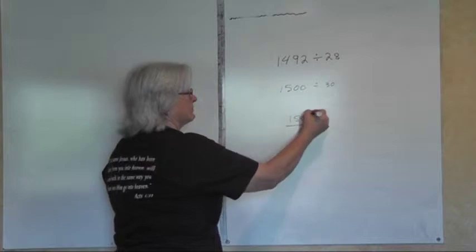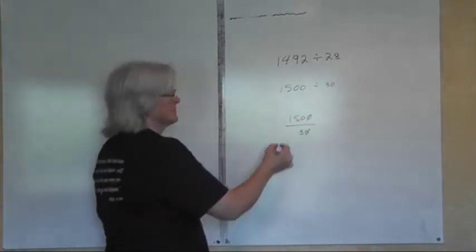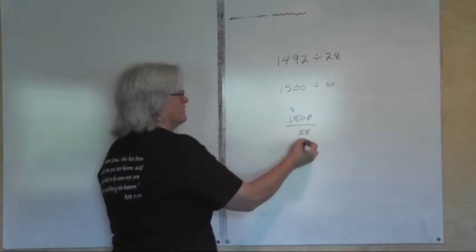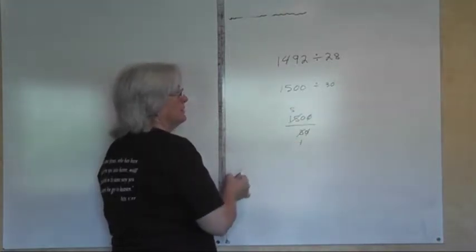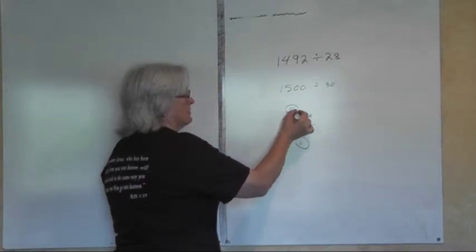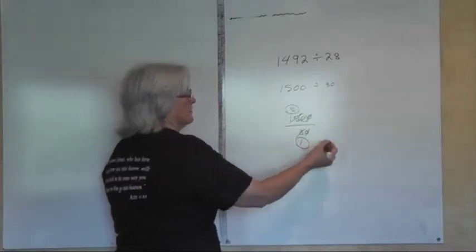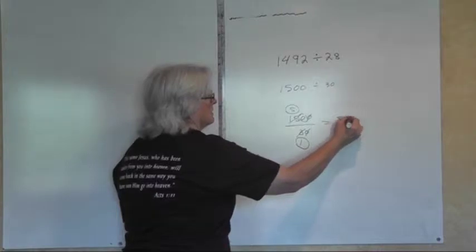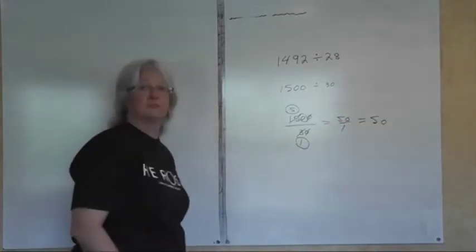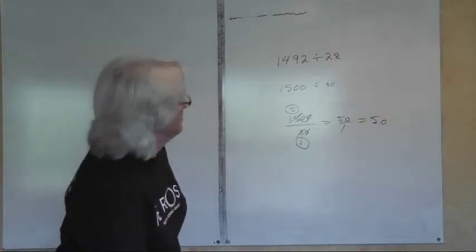You have a factor of 10 that cancels. 15 and 3, you have a 5 and 1. What do you have left? You have 50 over 1, which is 50. Let me do that a little more slowly.